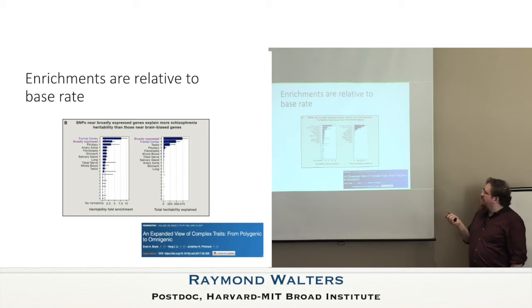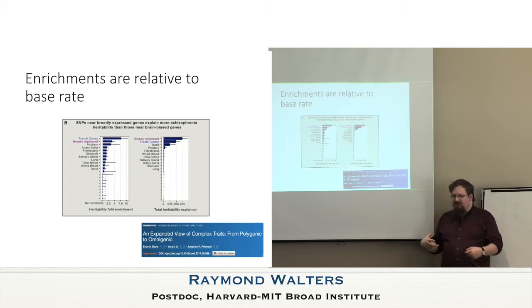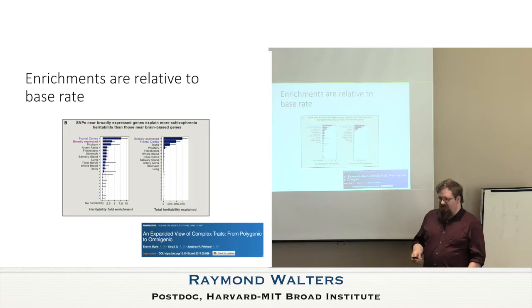But if we were to think about it in terms of the proportion of total heritability explained by SNPs that fall into different categories, the plurality of the heritability is actually more associated with regions of the genome for genes that are just broadly expressed in all tissue types, because there's more of them and they are at least somewhat enriched. So in terms of fractions of overall heritability, it's a larger slice, even if they're not as enriched on a heritability per SNP basis. So again, base rates and baseline models matter a lot to thinking about these results.